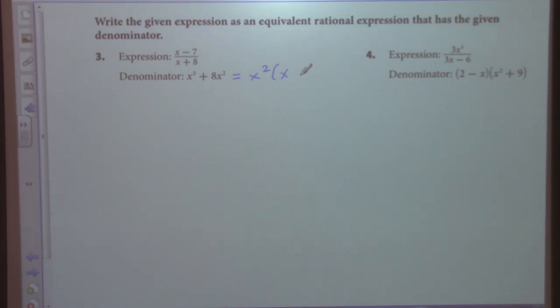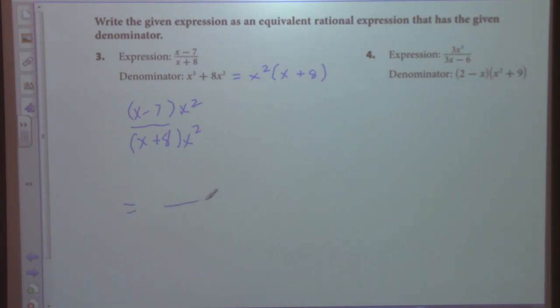So we have x squared times x plus 8. And now we have x minus 7 over x plus 8. What do we have to multiply our denominator by to get this? x squared. So if we multiply both the numerator and denominator by x squared, then what do we have?